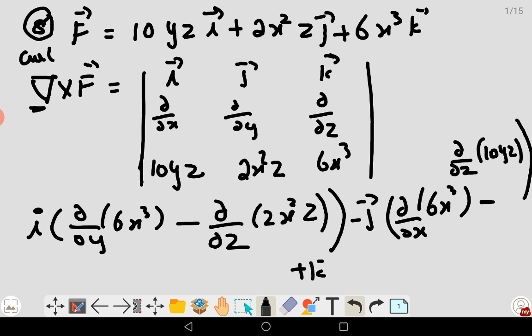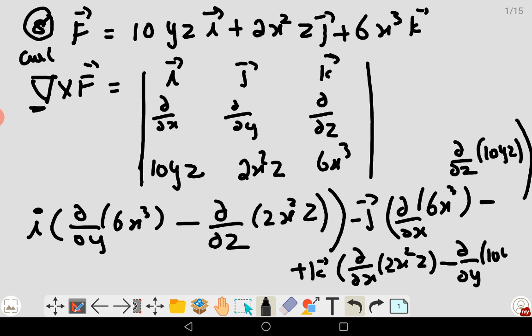Plus k vector, which is this and this, isn't it? ∂/∂x of 2x²z minus ∂/∂y of 10yz for k.